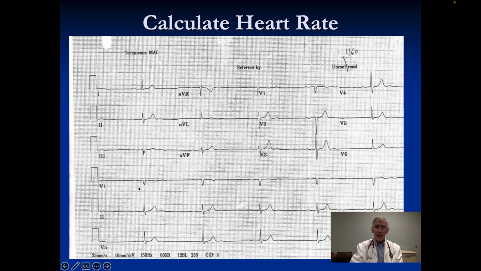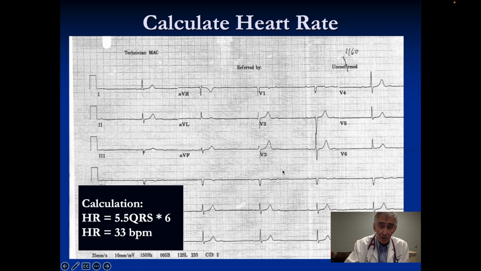I wanted you to look at this because this EKG is so slow, and sometimes we can look at P waves here that do not always have the same relationship to the QRS. We'll be talking about those rhythms of bradycardia and kinds of heart block in the next few slides.